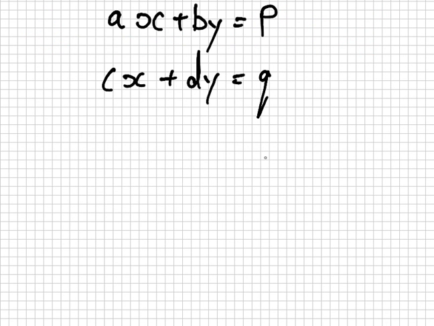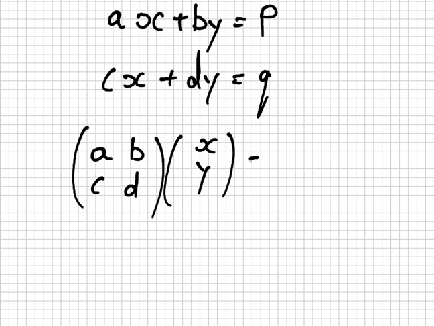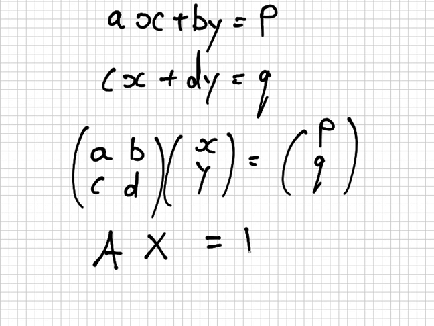And we know that we can write this in matrix form as [a, b; c, d] times [x; y] equals [p; q], which can be written as AX equals B. So my question can be written in matrix form, which I can write more conveniently like that.